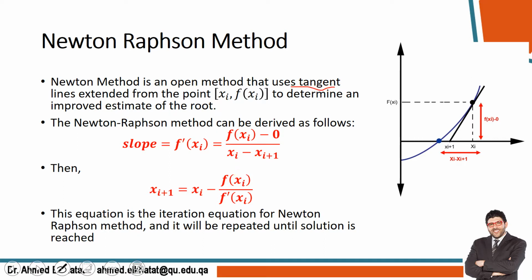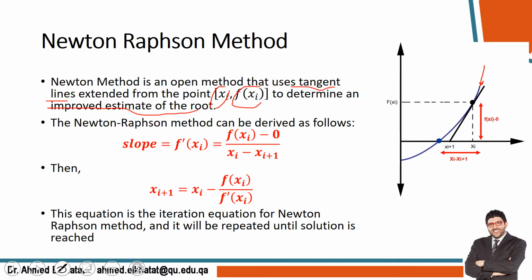The tangent line extends from the point x, f of x, to determine the improved estimate of the root. Suppose this is my f of x, and this is the tangent.